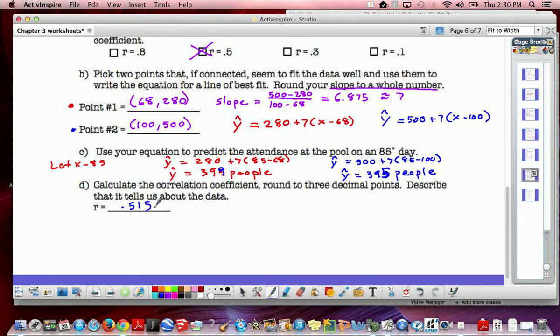It is above 0.5, so we'll still use strong, but what I like to do is throw just a little adverb in there.